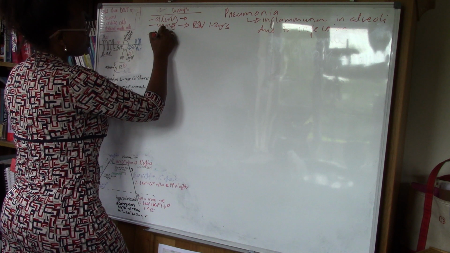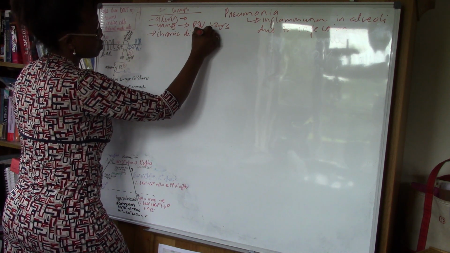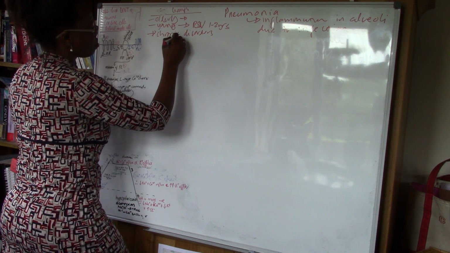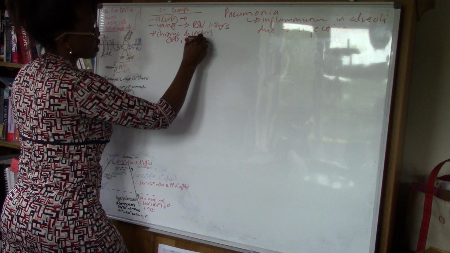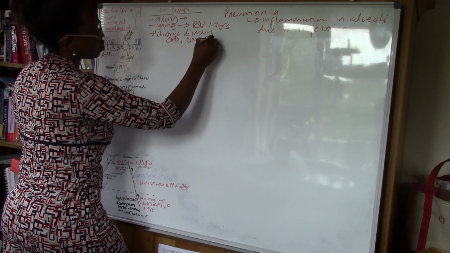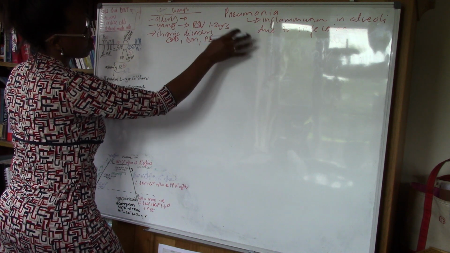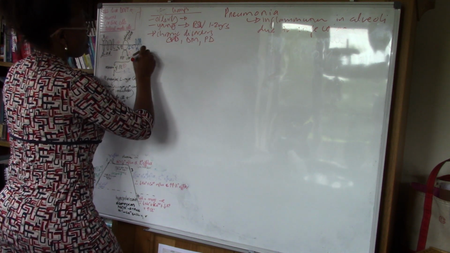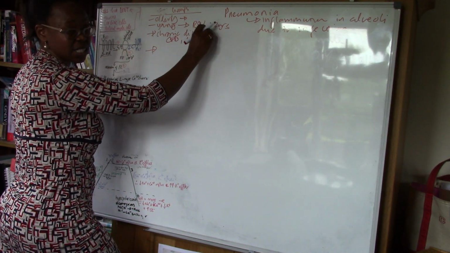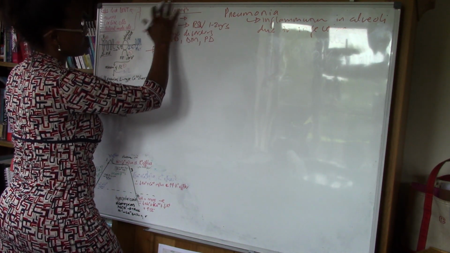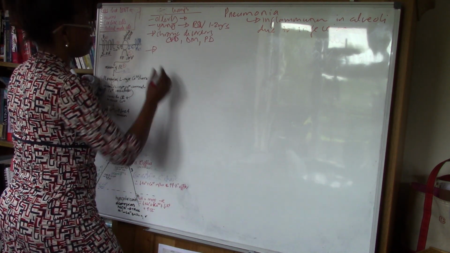And people with chronic disorders, such as heart problems, diabetes, and lung problems, pulmonary disorders, like chronic lung disorders, COPD, asthma, bronchiectasis. Particularly cystic fibrosis and bronchiectasis do get a lot of pneumonias due to being prone to infections.